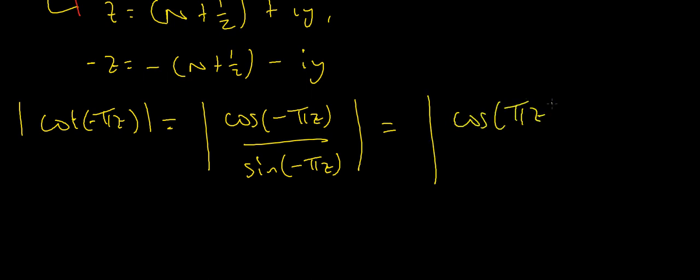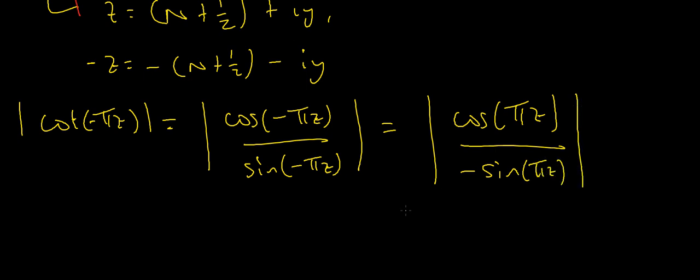By even function I mean that cos x equals cosine of minus x. And that's divided by minus sine of pi z, because sine is an odd function. In other words, sine of minus x is minus sine of x. That's just going to give me the modulus of cotangent pi z, because the modulus of minus 1 is 1. So whether I use z or minus z is immaterial.